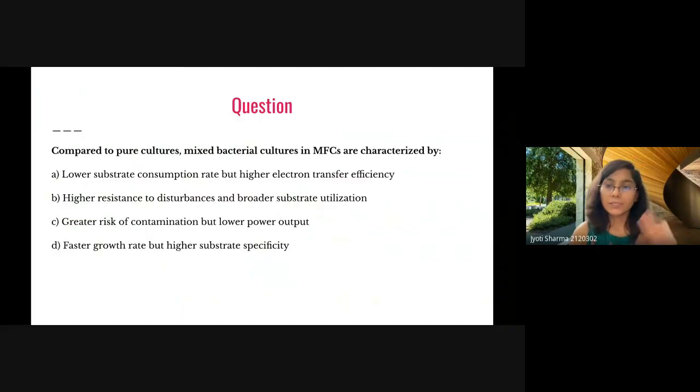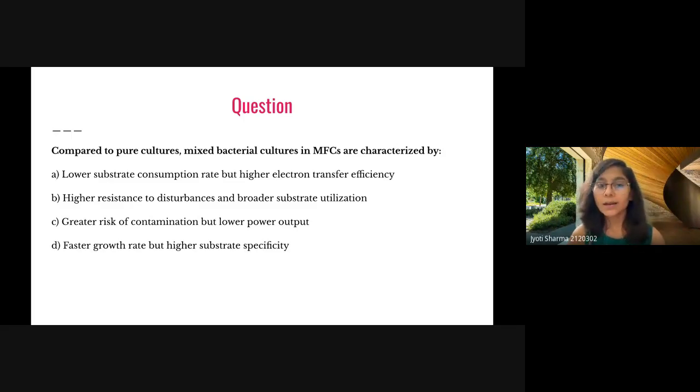Okay, so based on that explanation, you can tell me the right answer for this. Compared to pure culture, mixed bacterial culture in MFC are characterized by: A, low substrate consumption rate but high electron transfer efficiency; B, high resistance to disturbance and broader substrate utilization; C, greater risk of contamination but lower power output; and D, faster growth rate but higher substrate specificity.